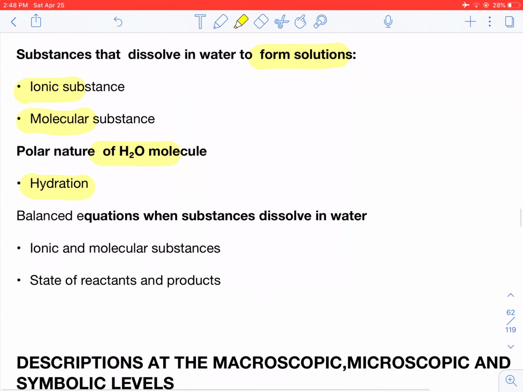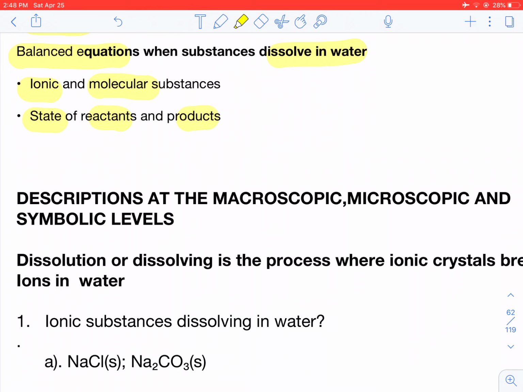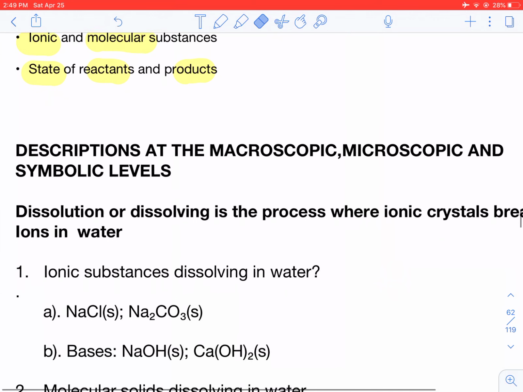And then we're going to look at balanced equations when substances are dissolved in water. Ionic and molecular substances, and we look at the state of reactants and products. And as you can see, we're explaining certain phenomena in terms of what happens at a macroscopic level and at a microscopic level.